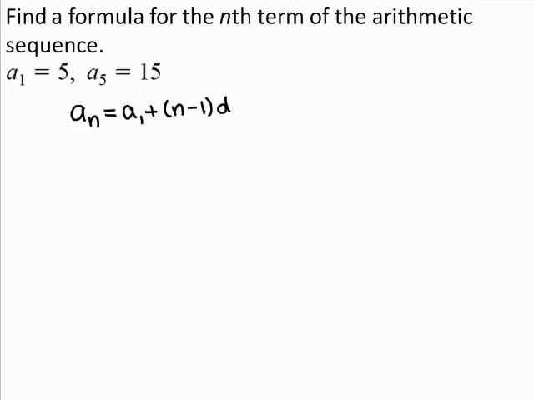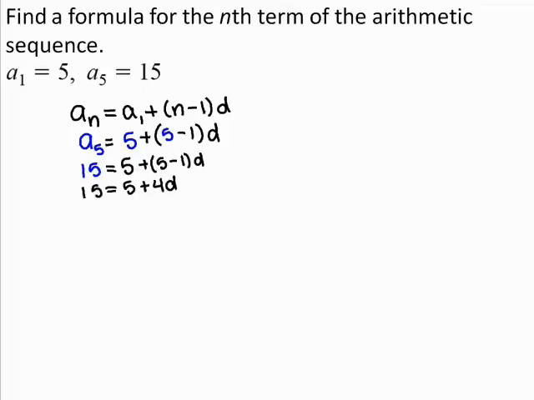So you can substitute a sub 5 in for a sub n, 5 in for a sub 1, and 5 in for n. Because a sub 5 equals 15, substitute 15 in for a sub 5. Simplify 5 minus 1. Subtract 5 from both sides. Divide both sides by 4. Reduce the fraction. You find that d equals 5/2.